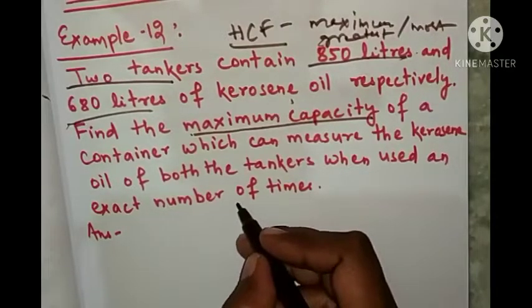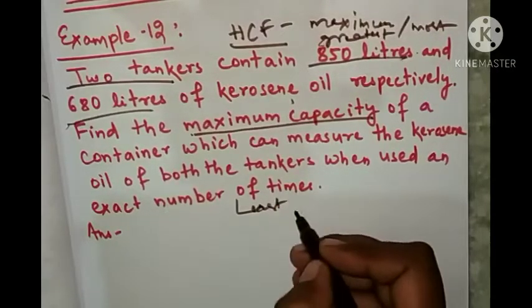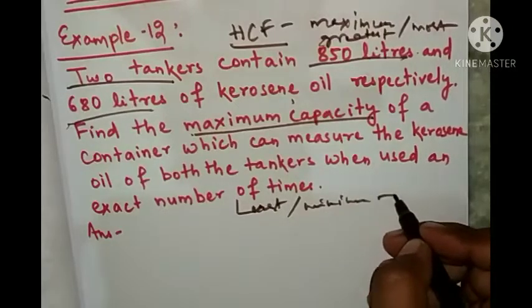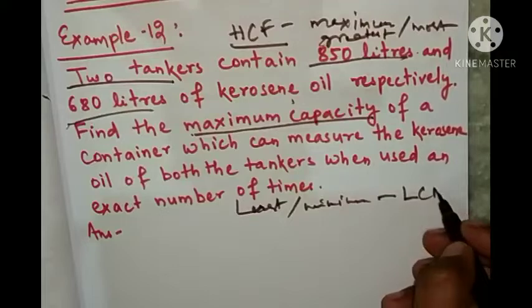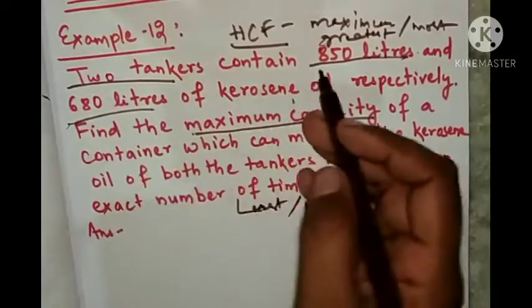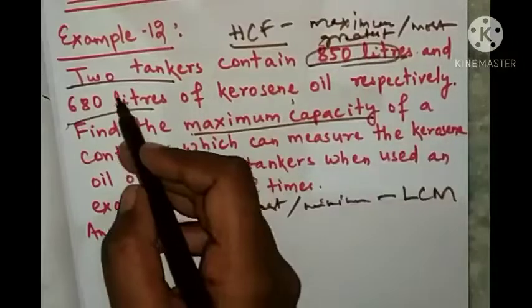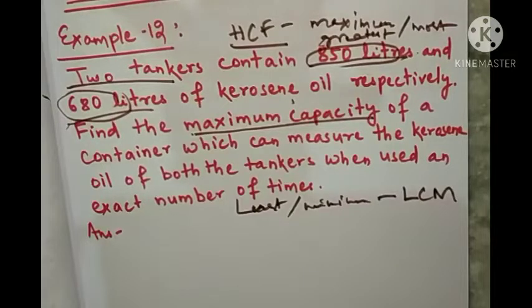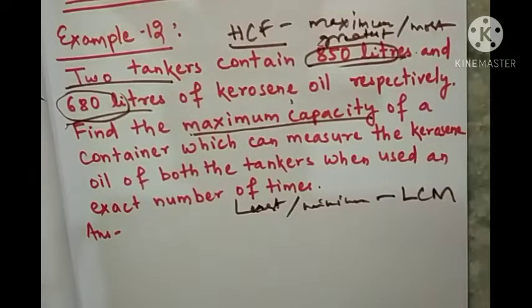Where they say least or minimum, what will you use? You will use the LCM method. So what will you do? Here we will find the HCF of 850 and 680. We will find the HCF by the prime factorization method. So let's find the HCF.